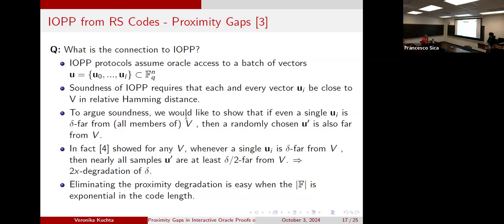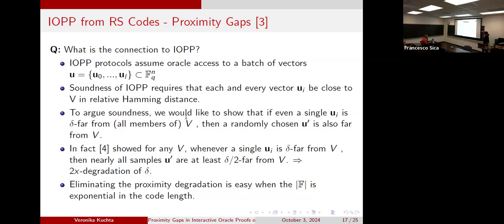So it means that this leads to a degradation of the proximity parameter by a factor of 2. So that's why we need to study this proximity parameter maybe also for other linear codes. So we need to look into instantiations of IOP protocols from other linear codes, maybe Reed-Muller codes. Or I will later show what our approach is.